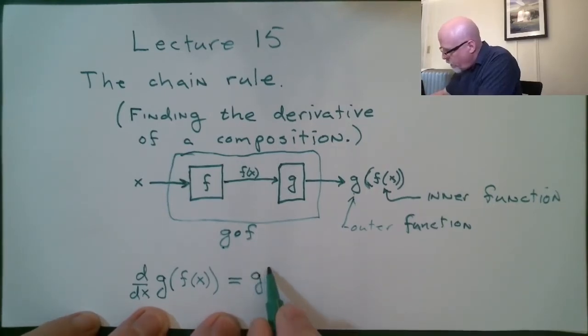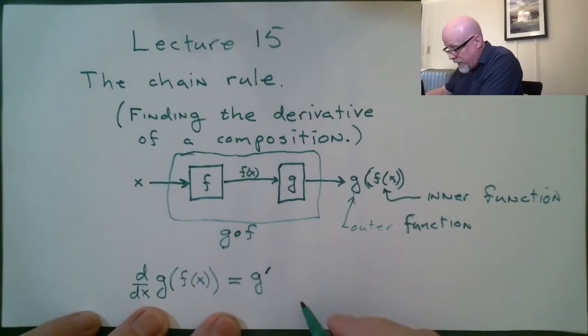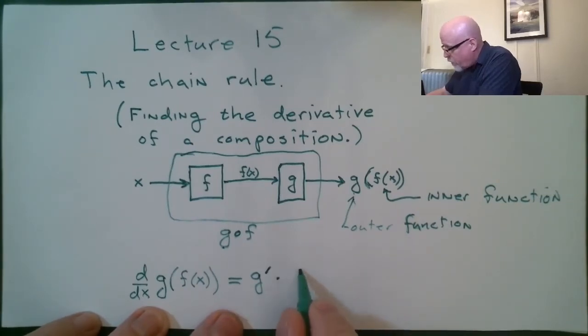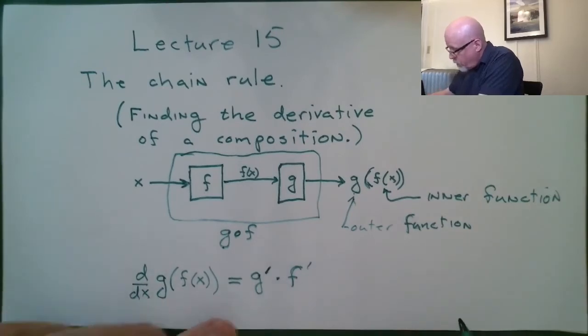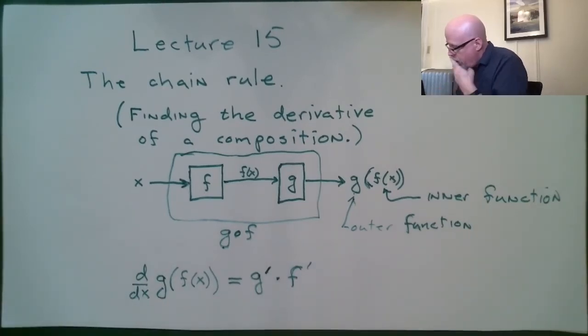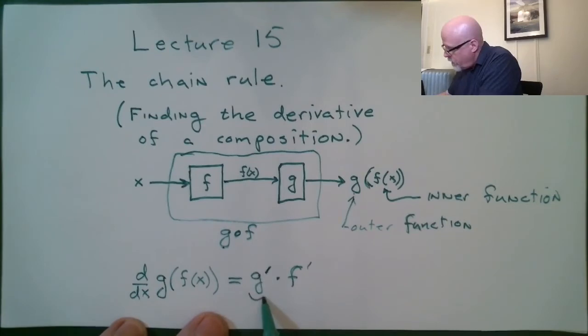What you get is what I told you in the last lesson is the error people do with the product rule. You just multiply g prime and f prime. That's slightly a lie because I've dropped the arguments. I haven't told you where these are evaluated. And so let's just say we need to evaluate them appropriately.